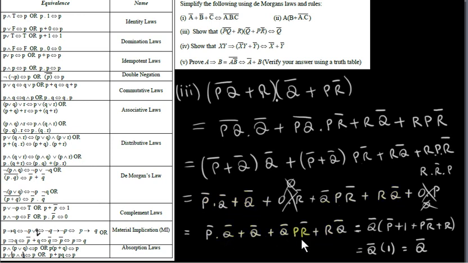And what I did then was factorize Q bar out of these 4 terms. So this is a case of using the distributive law in reverse.